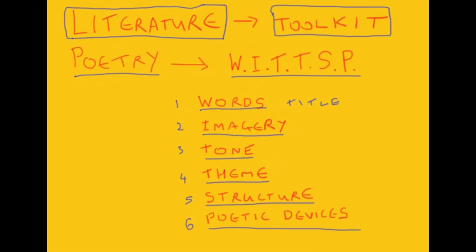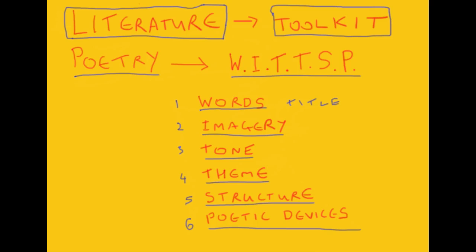You can get a general idea of the tone of the poem from the words and the imagery being used, and leading on from that, you can get an idea of the theme of the poem. Is it about death? Is it about being reborn? Is it about a celebration of life in some respect? So you can probably pick out one or two of the key themes by doing parts 1, 2 and 3 first.